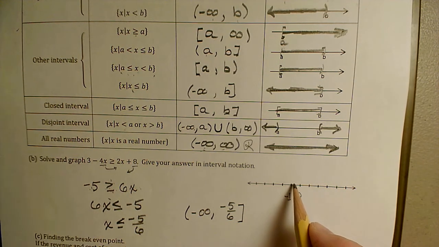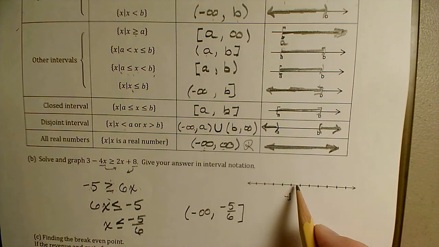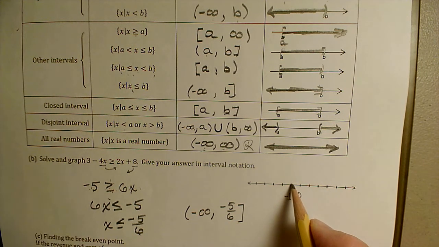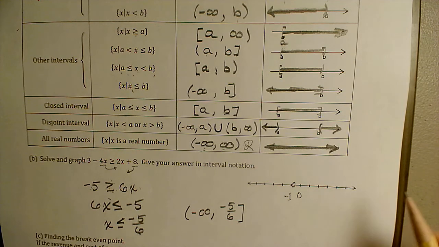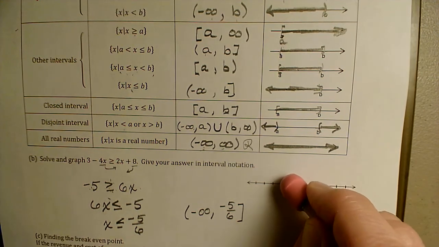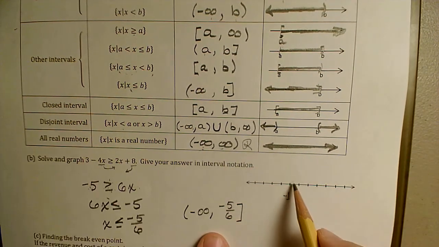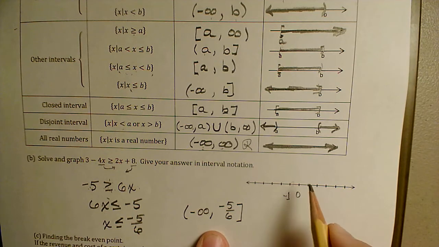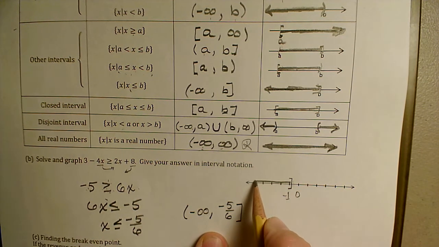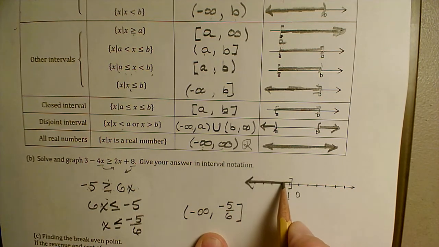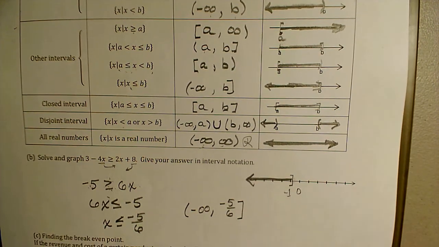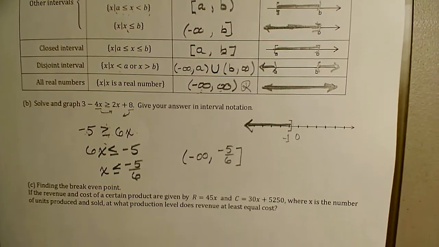And then it's not quite at -1, it's at -5/6, so it's somewhere here. But let's go ahead and use our new notation instead of a closed circle. I'm just going to put a bracket there and then shade to the left. Okay. All right.